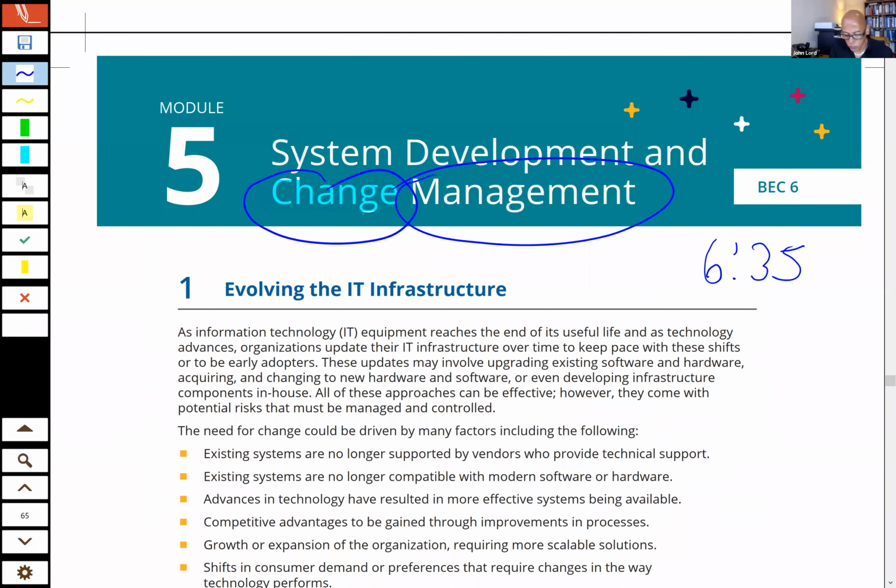Okay, so what they're really saying to us here is that change, and you experience this, I'm sure, in your own life, equals what? Equals risk. Okay, risk requires what? Requires management.